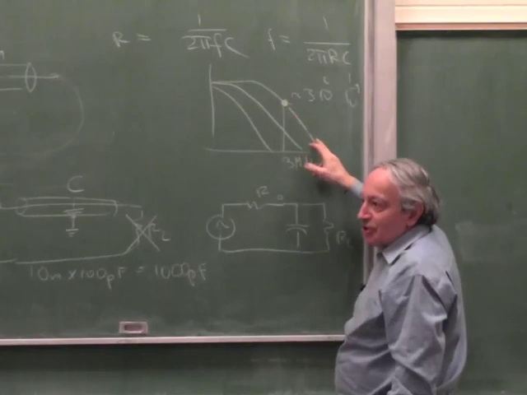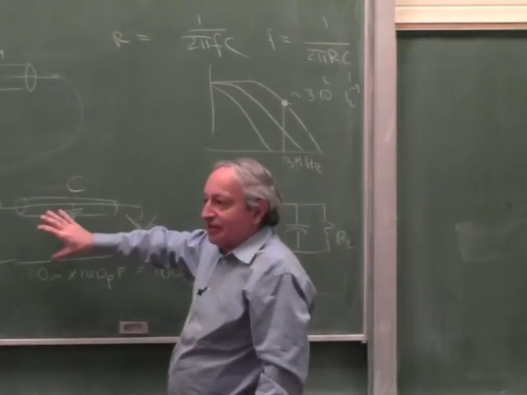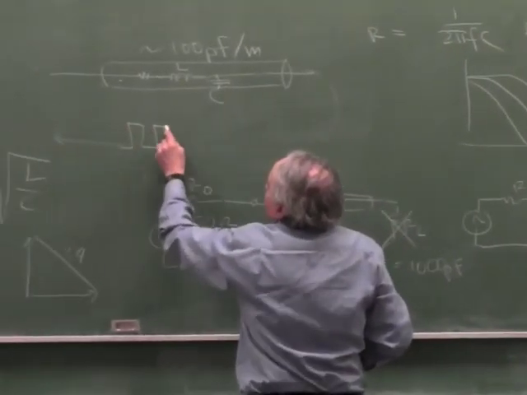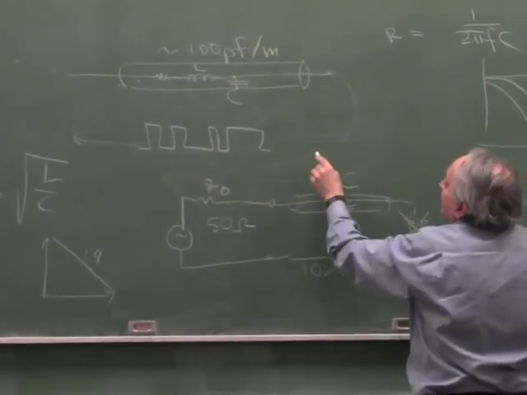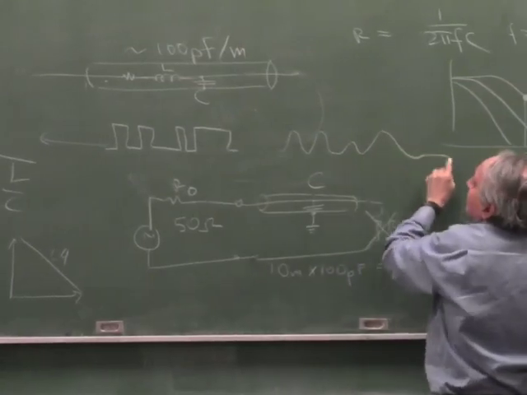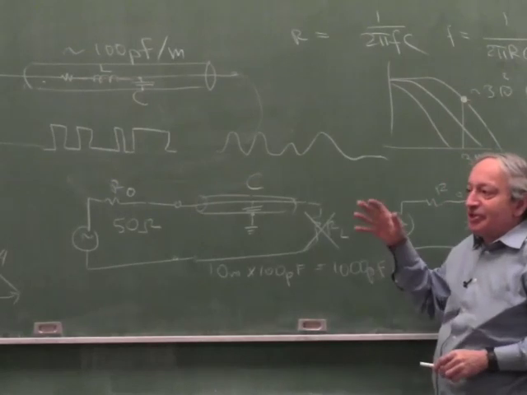This also implies phase shift. So when I send a random pulse train through this, like I drew there, what comes out will look like this. The fast pulse will come out smaller, and basically the pulse train will be distorted.